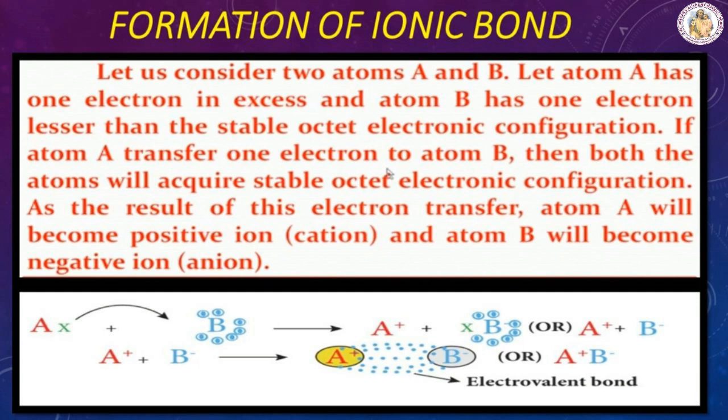Stable octet electronic configuration. As a result of this electron transfer, atom A will become a positive ion, that is a cation. If any atom transfers electrons to another atom, it becomes a positive ion or cation.